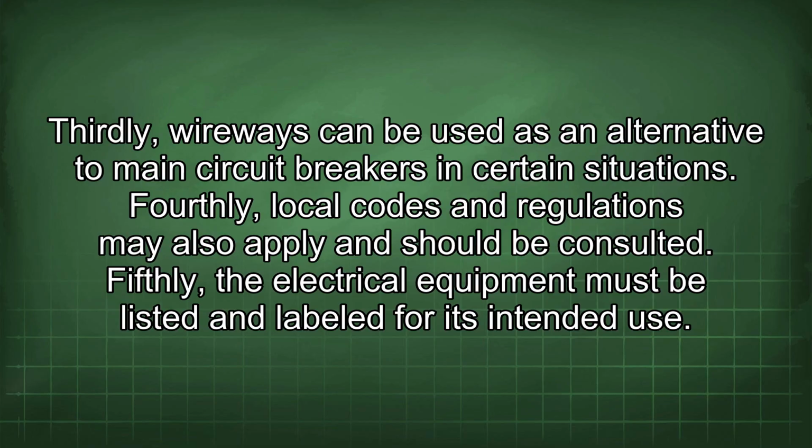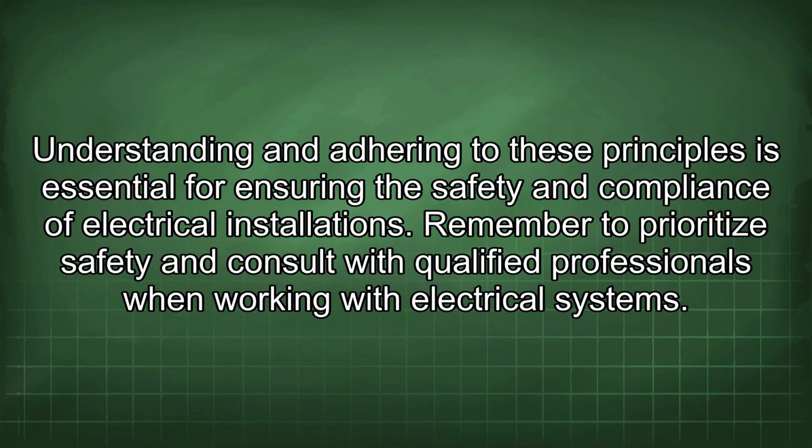Fourthly, local codes and regulations may also apply and should be consulted. Fifthly, the electrical equipment must be listed and labeled for its intended use. Understanding and adhering to these principles is essential for ensuring the safety and compliance of electrical installations. Remember to prioritize safety and consult with qualified professionals when working with electrical systems.